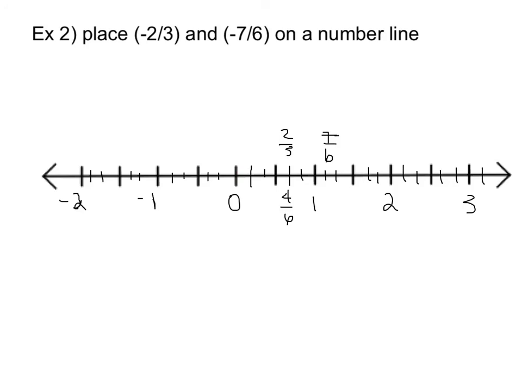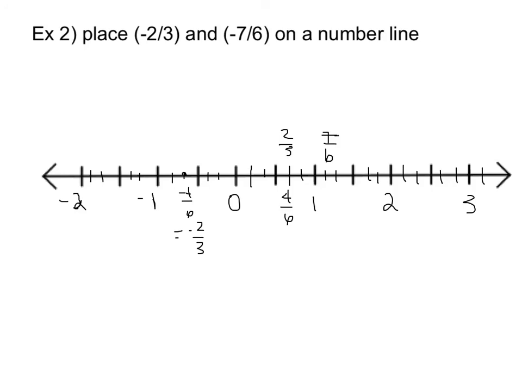I know that positive 2/3 is between 0 and 1. Negative 2/3 is between 0 and negative 1. I'm going to count negative 2/3, which is equivalent to negative 4/6, going in the opposite direction. So negative 1/6, negative 2/6, negative 3/6, negative 4/6, or negative 2/3 must be right here. So this is our negative 4/6, which is equivalent to negative 2/3.